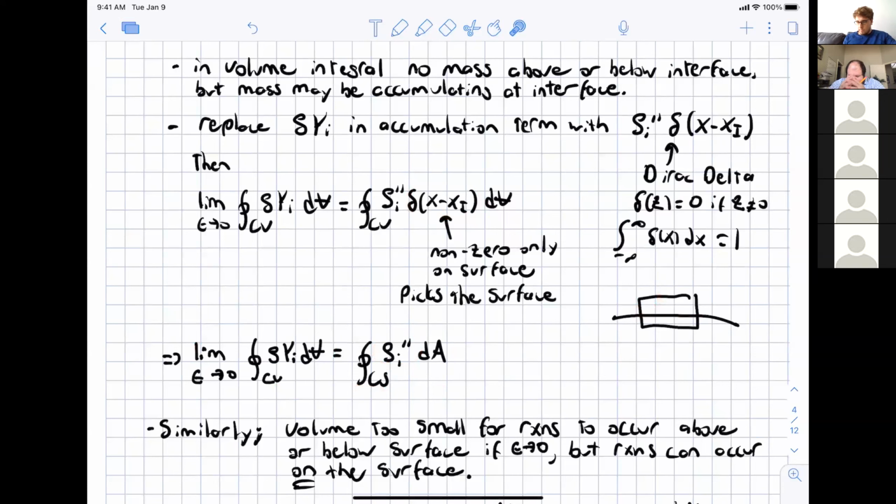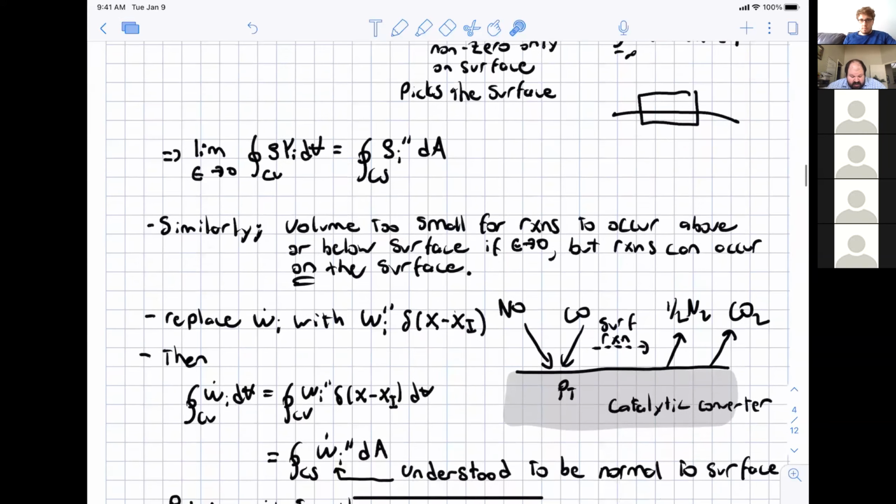If you want to figure out where the surface reaction term comes from, you can play the exact same game for the chemical reactions. The volume is too small for chemical reactions to be important in the volume above or below the surface, but they can occur on the surface.